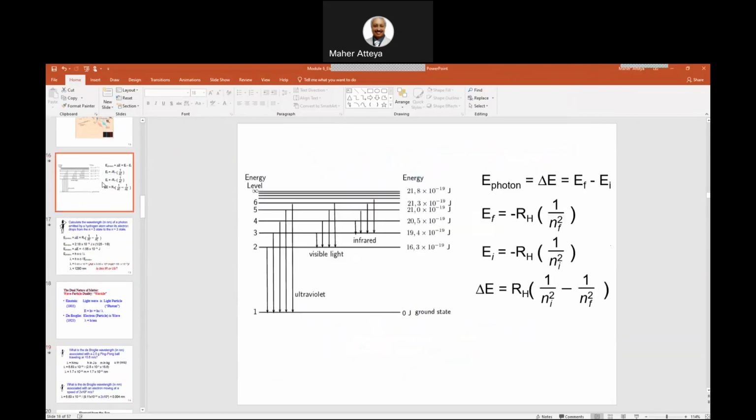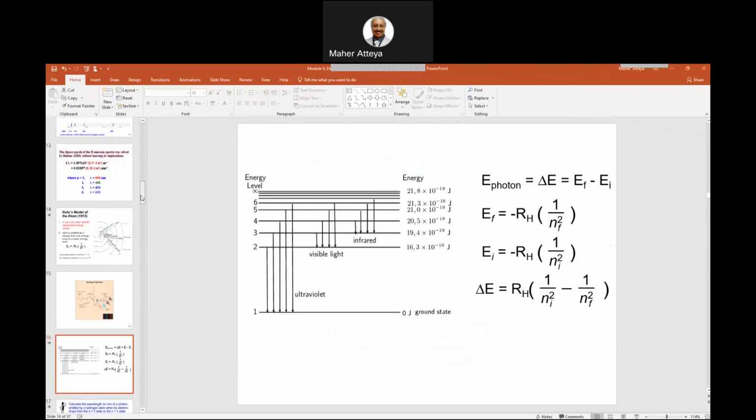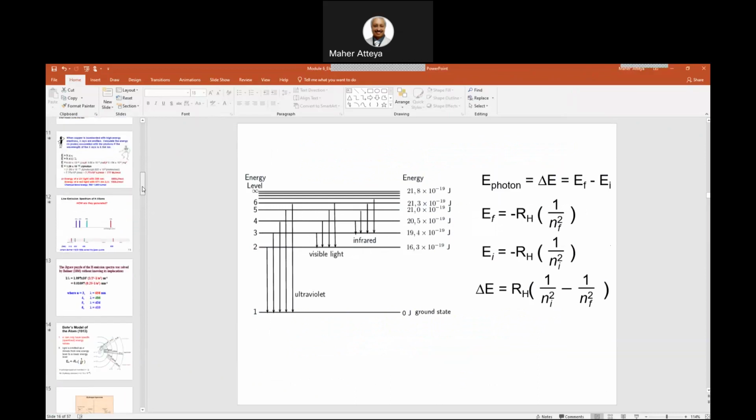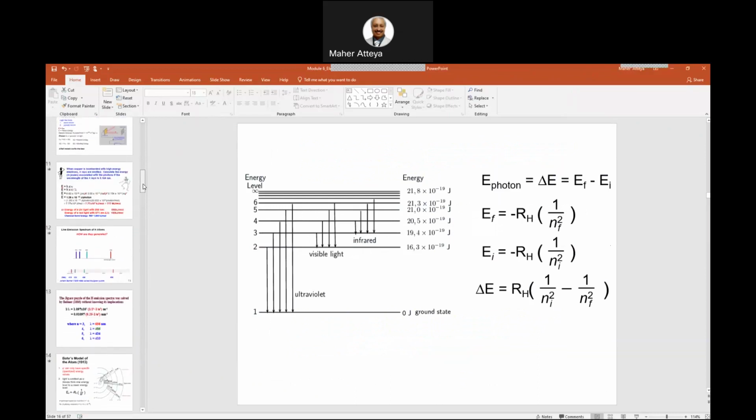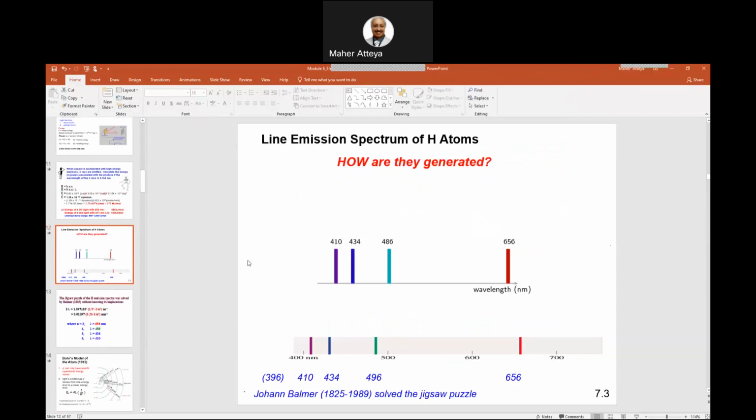Here is just an example of this. You see all those coming out. Let me show you again this emission of hydrogen. Hydrogen has 4 lines, see here, in different colors.